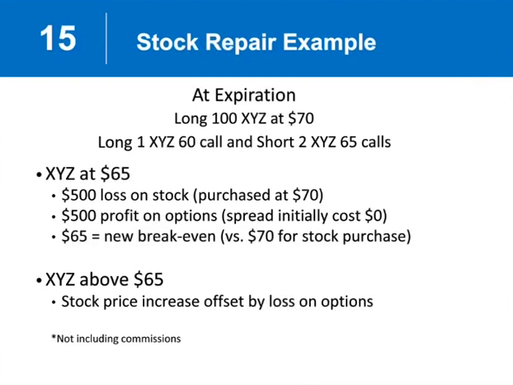Because with XYZ above 65, any stock price will be offset by that other short option, that other 65 option, that at 65 is worthless, but anywhere above 65 offsets that long 100 shares of stock.